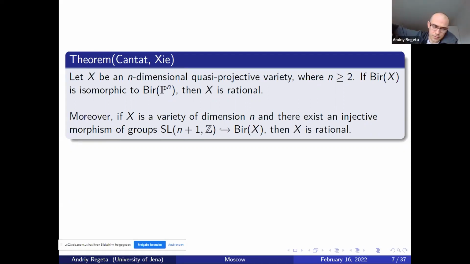Into Bir(Pn), you mean? Yes. Okay, so let me repeat what I said. The statement is proved not only for SL(n+1, Z), but also for any finite index subgroup in SL(n+1, Z). So maybe I have to be a bit more accurate and put here any finite index subgroup in SL(n+1, Z).